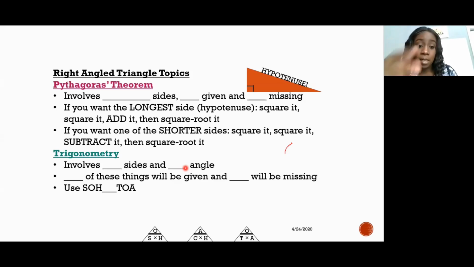One may be missing, but the formula has space for 2 sides. And then it needs 1 angle. So it always says blank of theta is equal to side over side. Make sense? All right. 1 and 1. Use SOH CAH TOA.